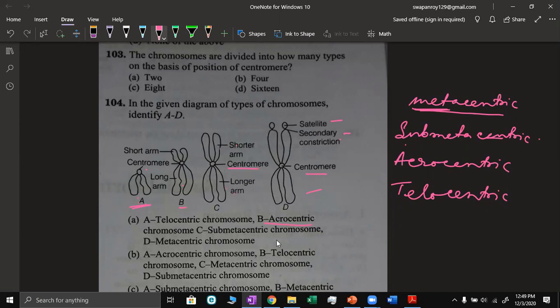This one is known as submetacentric. C is submetacentric, and D has the centromere at the middle, it is metacentric. So our option will be this one, A to D, and this is the secondary constriction, and here is the satellite.